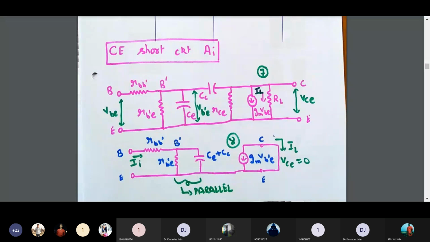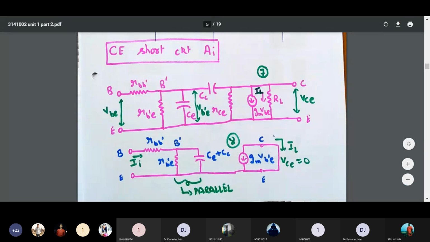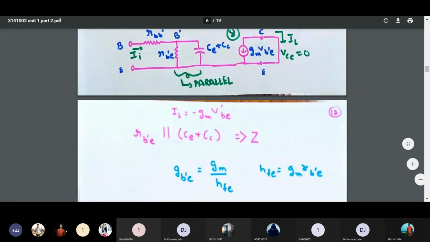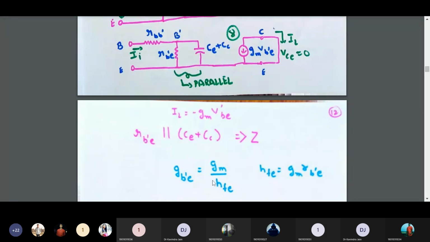Please note that IL is equal to minus GM multiplied by VB dash E. Secondly, we know that RB dash E and CE plus CC are both in parallel, so let it be written in the form of Z. Now GB dash E is nothing but GM upon HFE.